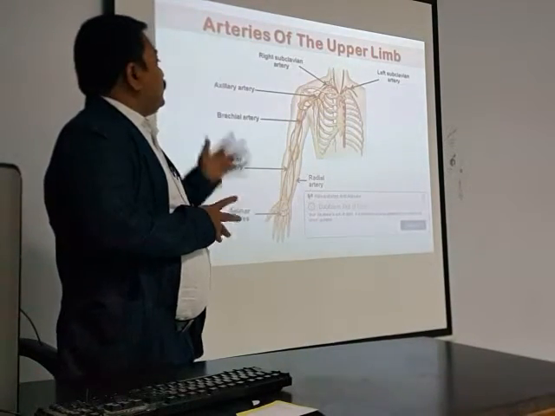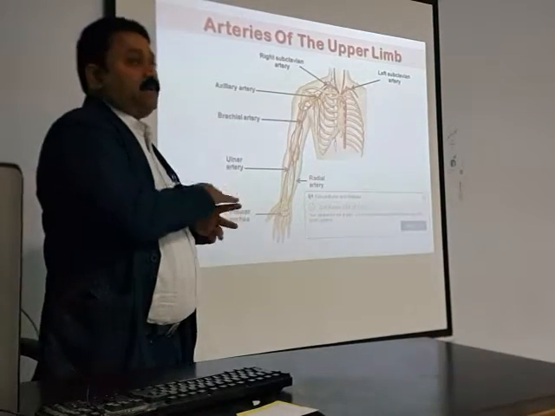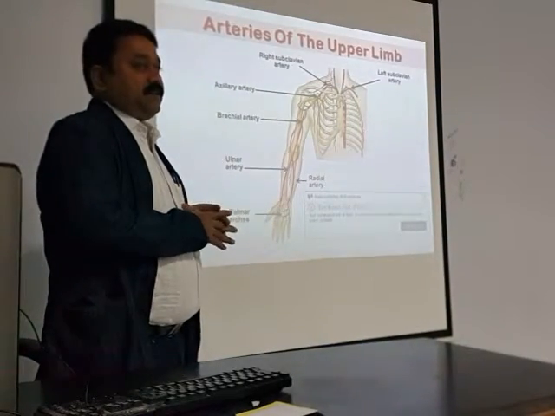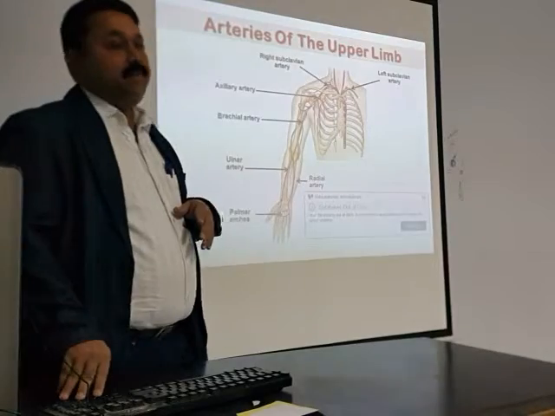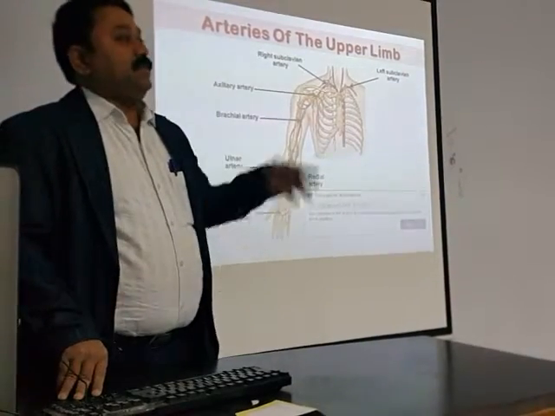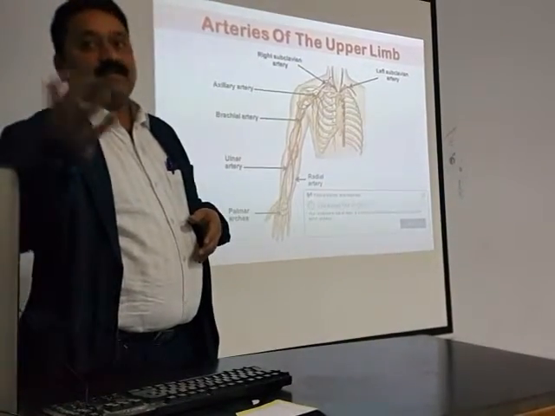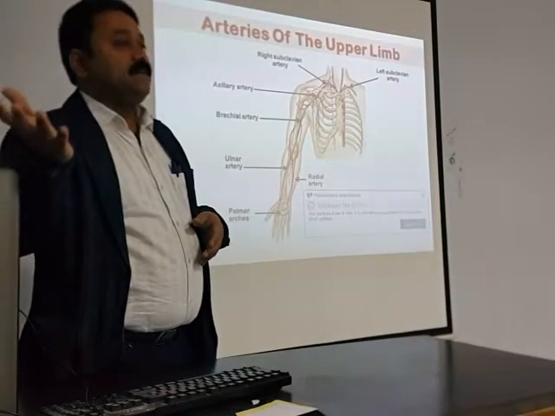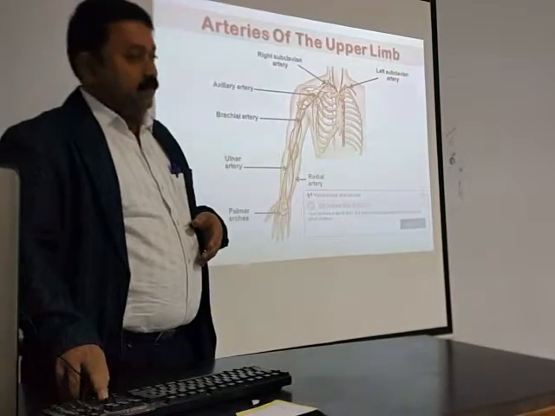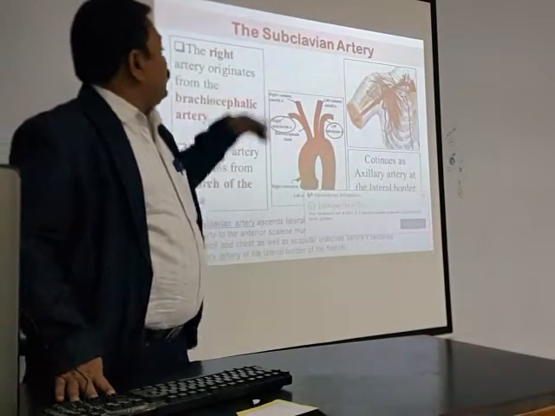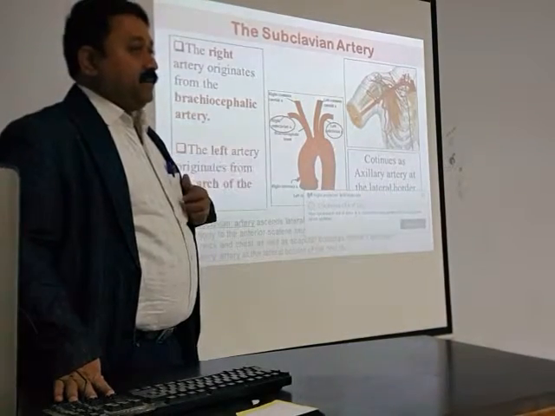So it is the left and right subclavian artery. The left subclavian artery supplies the left upper limb, and the right subclavian artery supplies the right upper limb. Where does it begin?